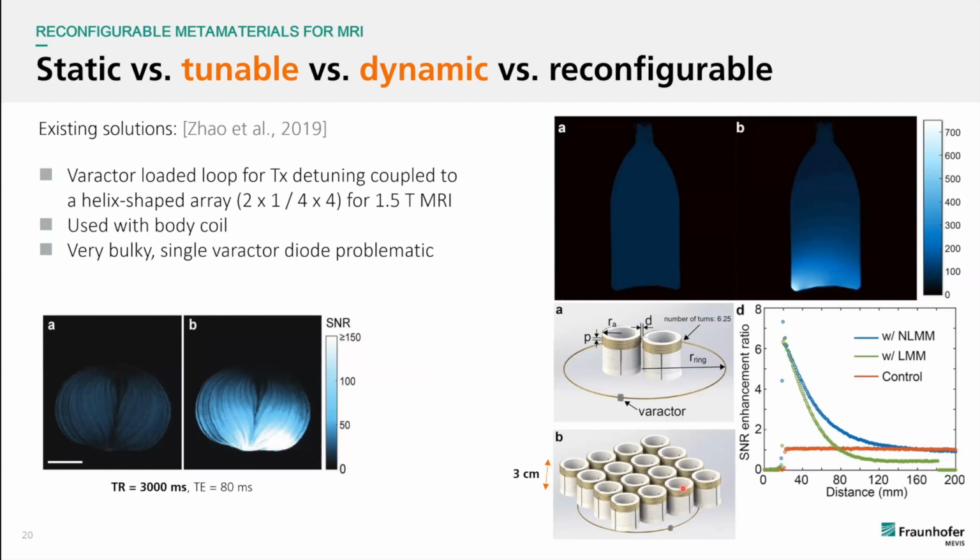But this metamaterial would act on the transmit field as well as on the receive field. And you want to avoid that it is reacting on the transmit field, because that would harm any human subject you have in there, because by amplifying your transmit field locally by a factor of 20, you might deposit so much energy in this local spot that you might produce heating.